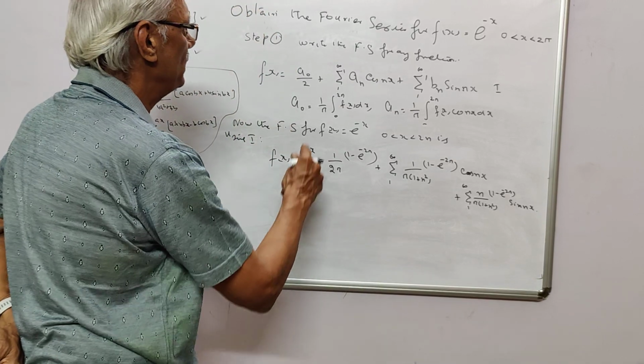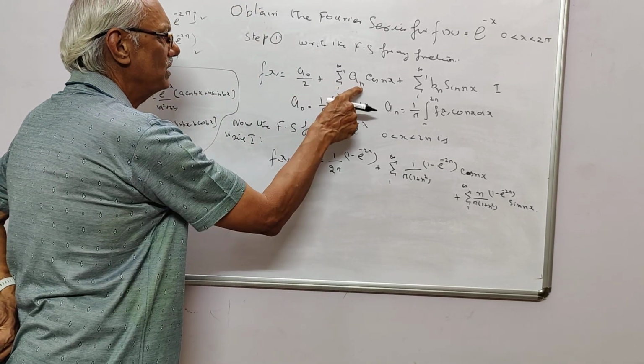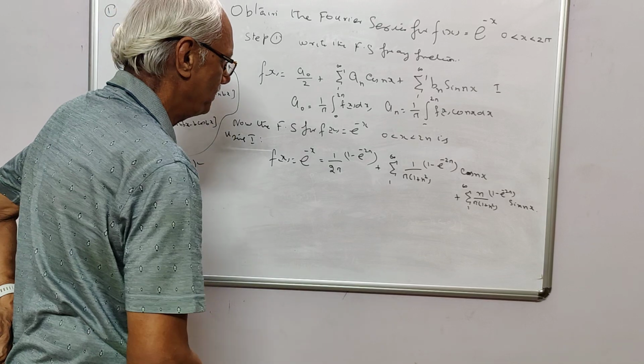So I am writing the Fourier coefficients an and bn in the respective places.